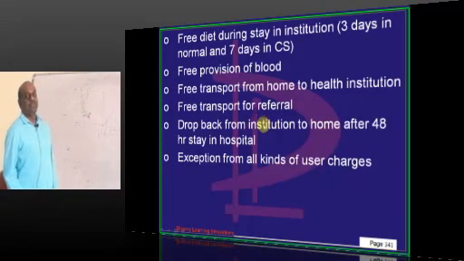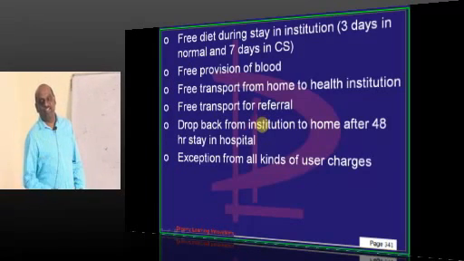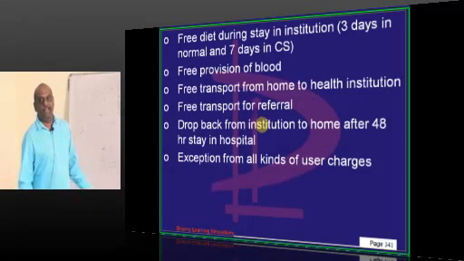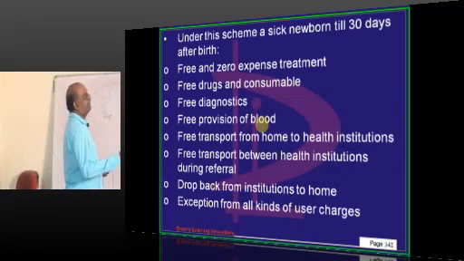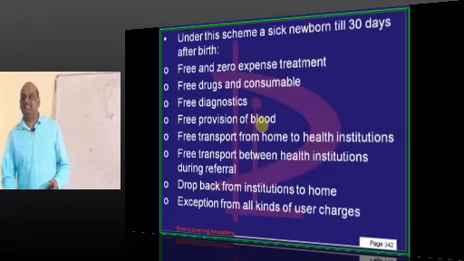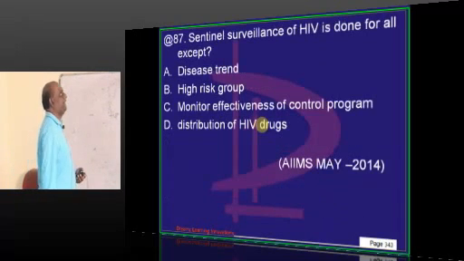So be very sure, because it is based on the keywords in the Google that population come to the website. Why are we keeping all these papers in the website is not out of charity, to basically attract more people to fall into our trap of taking coaching and taking mock tests with us. So free diagnostic, free provision of blood, all frees under JSSK. You be very sure about it, doctor.